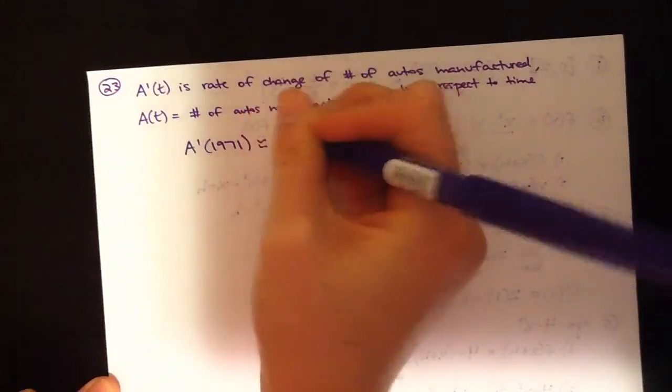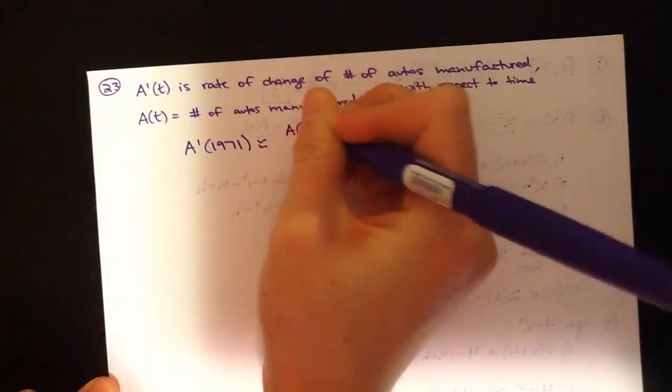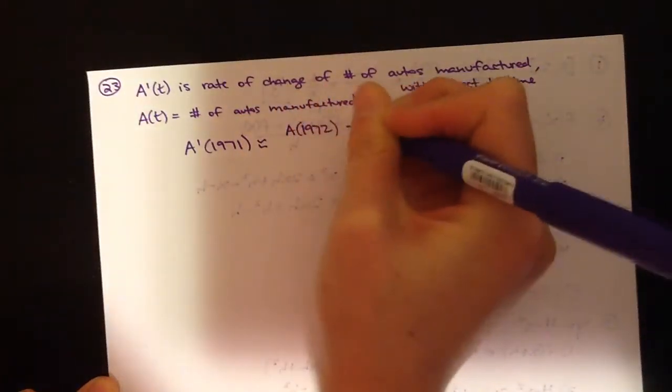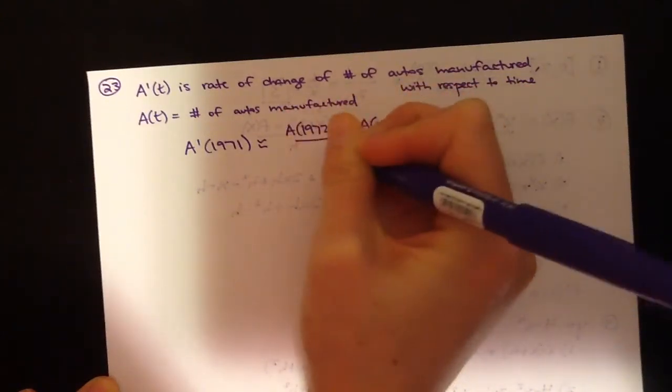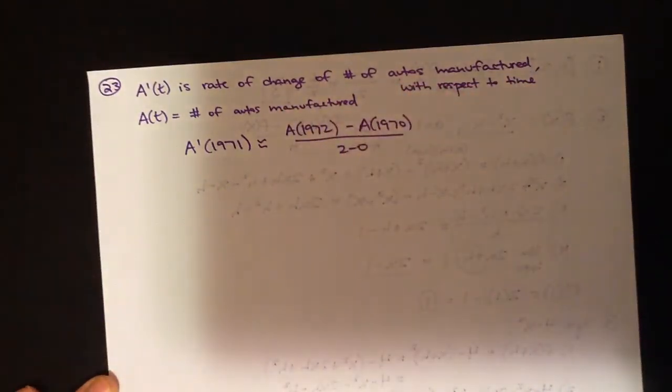So it's approximately, we want to know the number in 1972, and we want to know the number in 1970, and then divided by a 2-year lapse in time. We don't want to go from 1970 to 1971 or from 1971 to 1972. We want to actually get a little bit on both sides. That way we can see what happened the year before 1971 and then what happens, I guess, kind of after 1971.